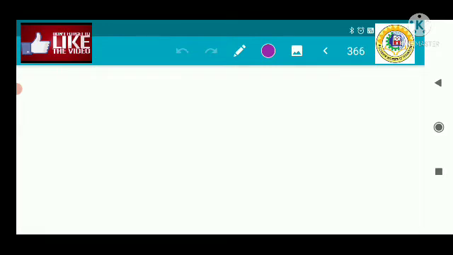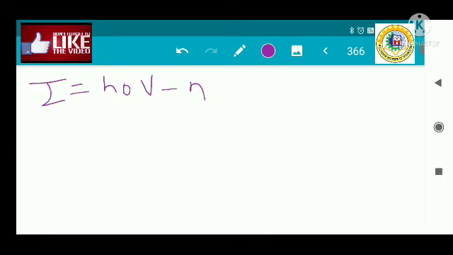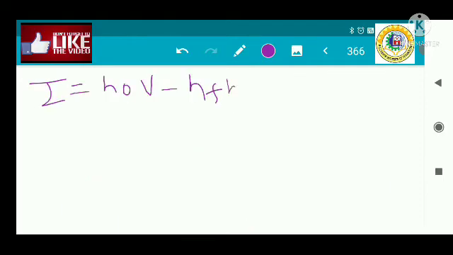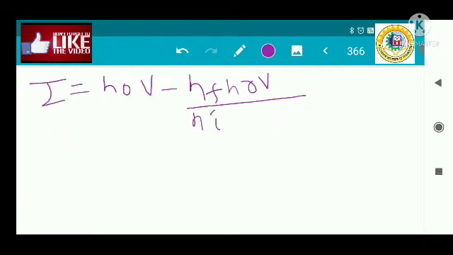So I am just writing I equal to, you can see I equal to H naught V, here it is H naught V plus Hf, and actually it is negative, so I am just writing negative Hf, and it is Hr V divided by Hi plus Rs. Okay, so this is the case. So from there you can easily calculate the value of R naught, the value of R naught, I said that V by I.